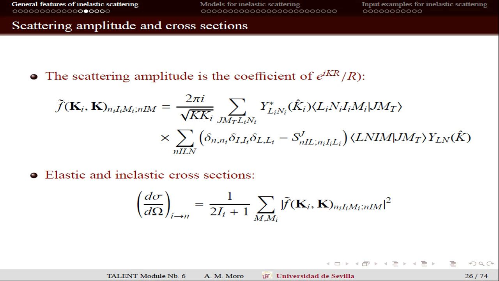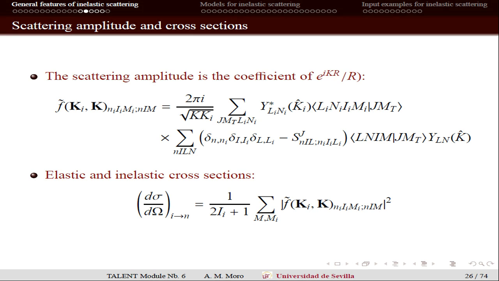So for each total angular momentum, the code will do a separate calculation, obtain the S matrix. So it's a matrix with n times n for all possible channels, and then construct this scattering amplitude for all possible final states of the projectile or the target using this kind of sums.